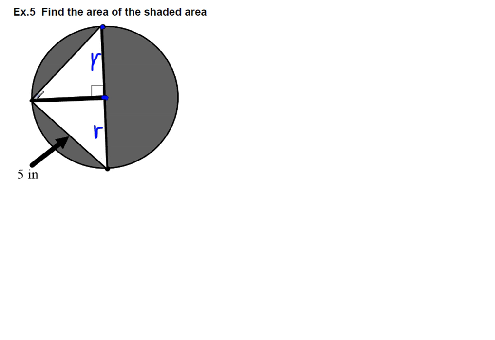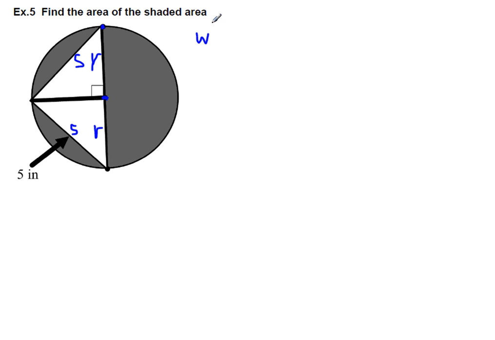And so we've had this situation before in chapter 10 where if this is 5, like they're pointing out that this is also 5. And so it's like one big triangle or two small congruent triangles. And we have to figure out what the radius is so that we can figure out the area of the whole circle.